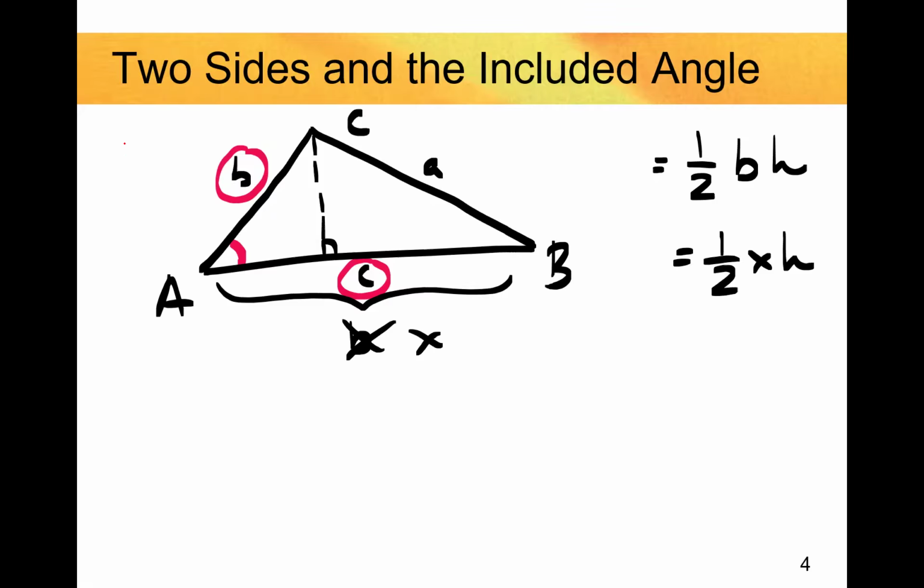That's my side, that's my angle, and that's my other side. Okay. Can you come up with a formula for the area of this triangle by replacing H and replacing X by either a little b, sine of A, or C?